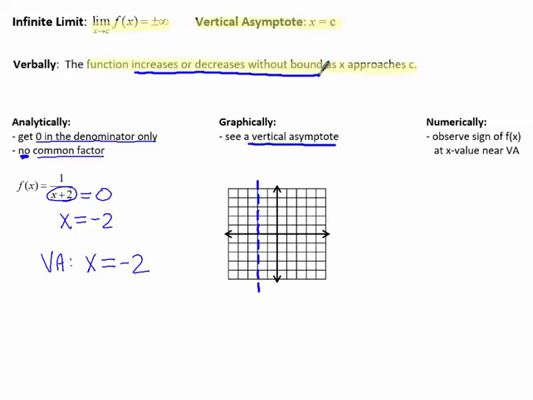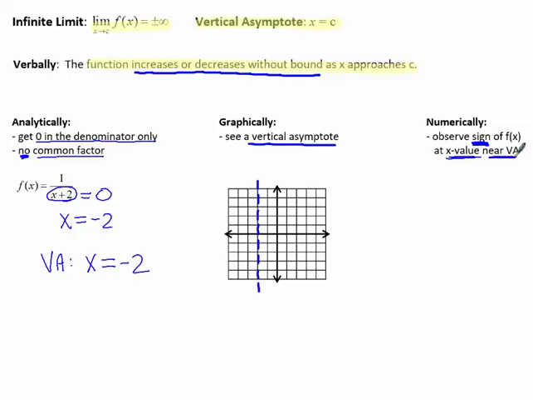How can we tell? Well, one way is numerically. We can make a table of values, or a little bit quicker, we can observe the sign of the function at x values very, very close to the vertical asymptote.